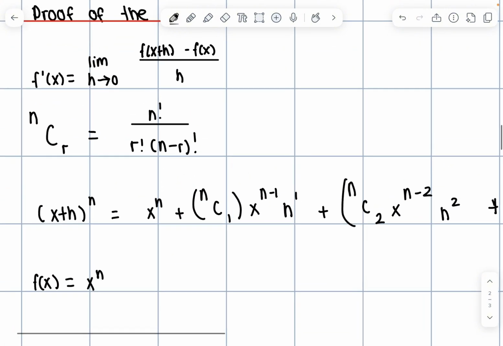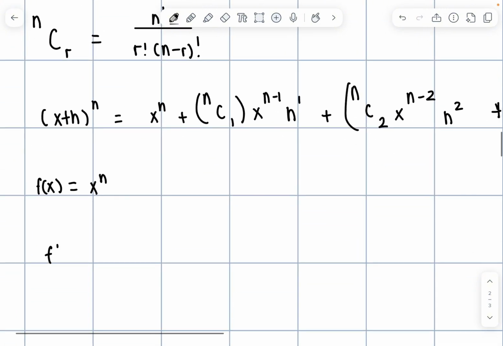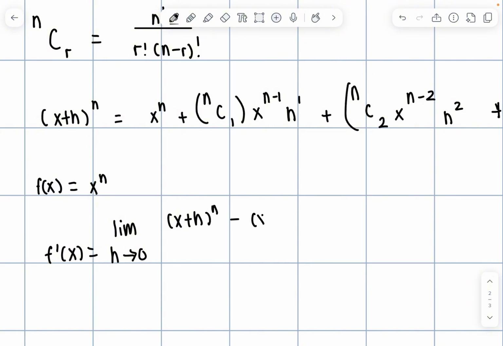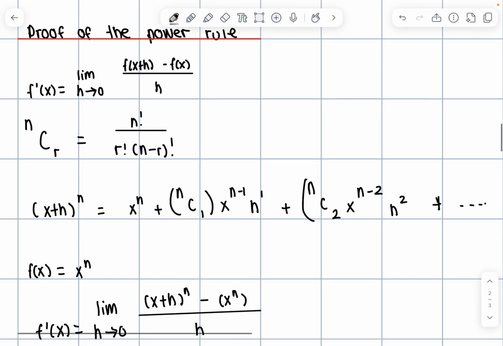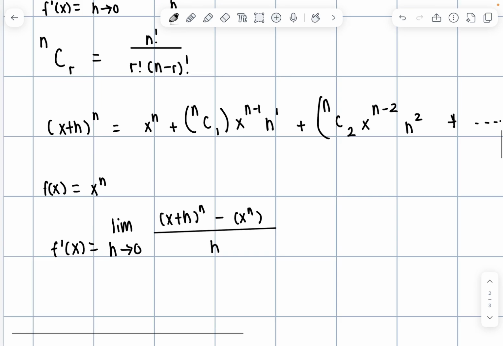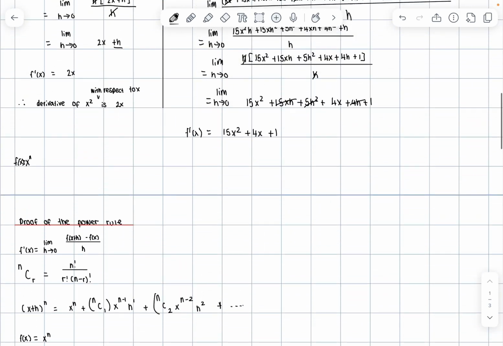If we're going to work out its derivative, we just plug into the formula. f dash of x is the limit as h tends to 0 of (x plus h to the n minus x to the n) divided by h. Now, this is just our general case for a function or a term of nth order. So this comes in really useful for proving that any case works.